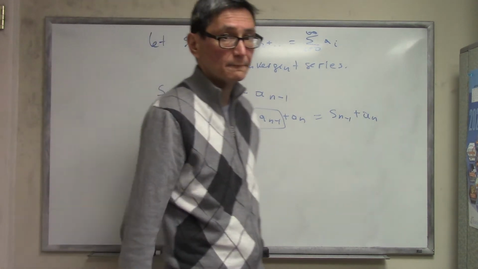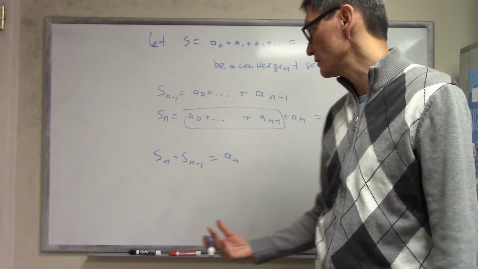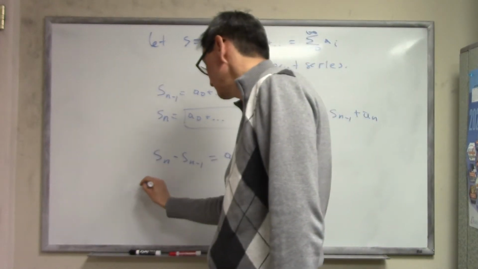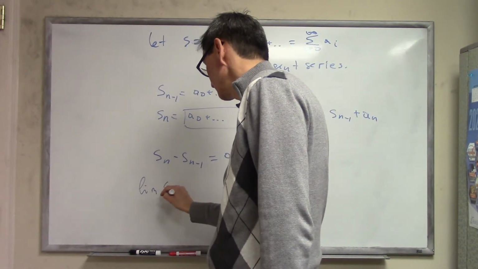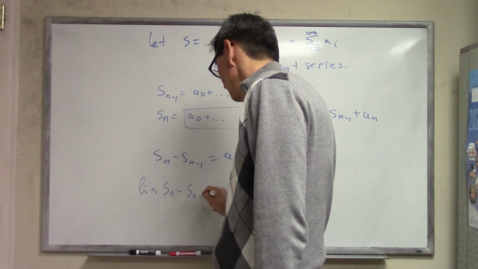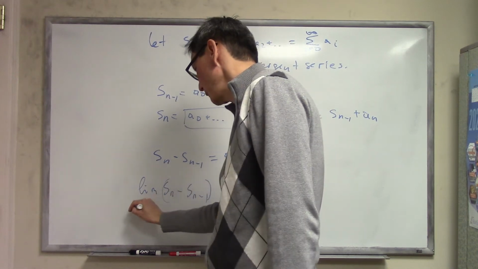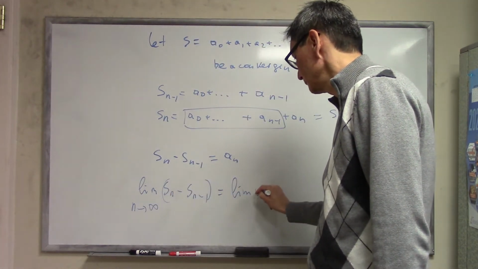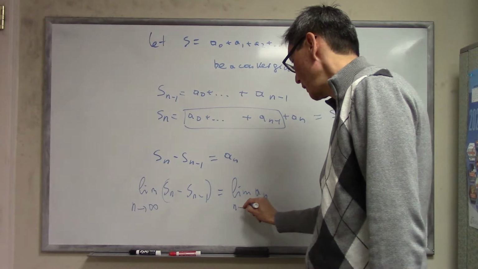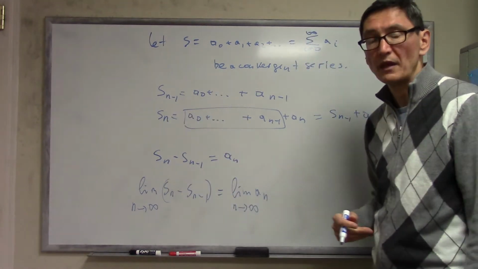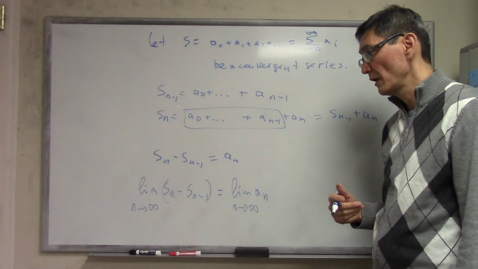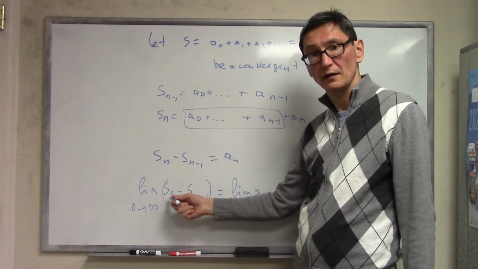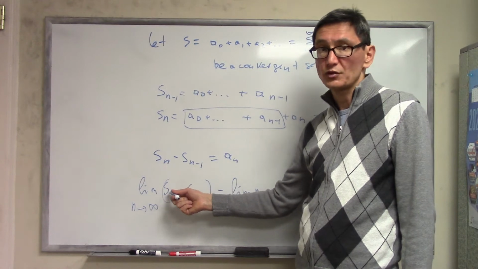That's the first observation. Second observation is, if we take limit of both sides when n is approaching infinity, and if we look at what is happening on the left side, then we're going to get limit of Sn as n is approaching infinity.